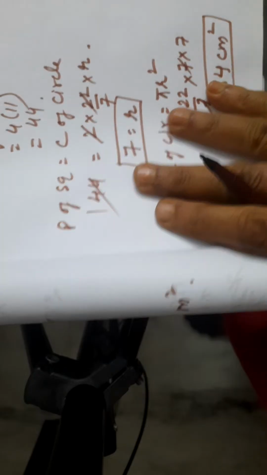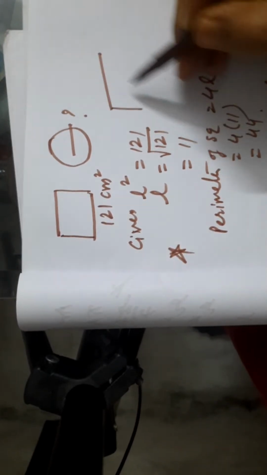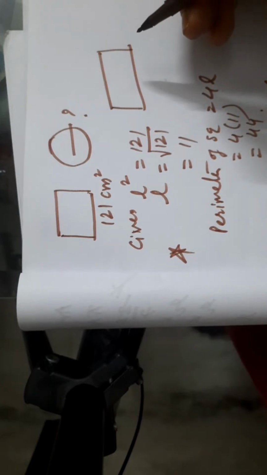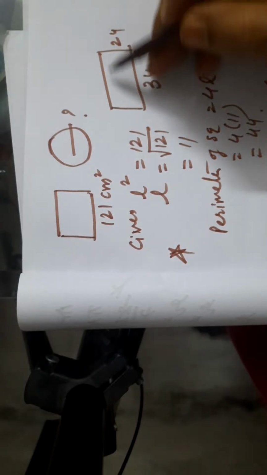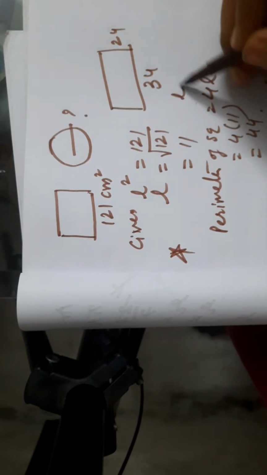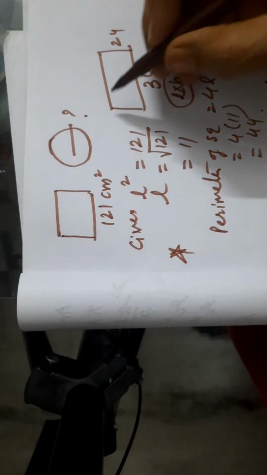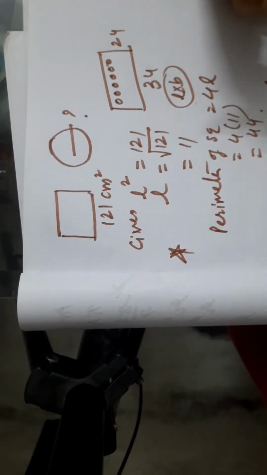For this I'll give only a rough explanation. There is a rectangle, and its measurement is given, 34 by 24. So first calculate the area of the rectangle. Area of rectangle is L into B. So you get the area. Then out of this, a total of 64 circular buttons are being removed.